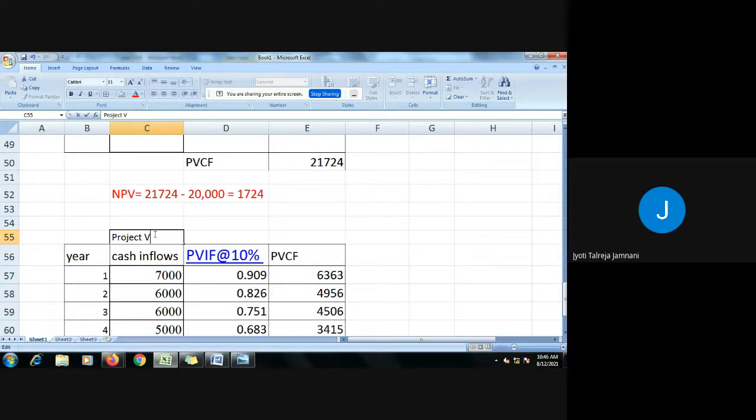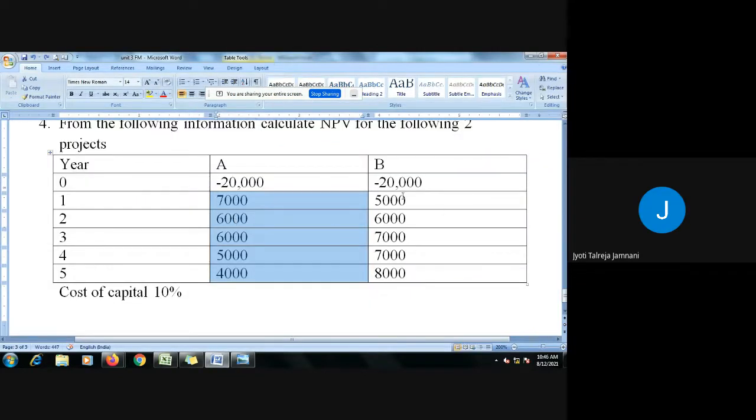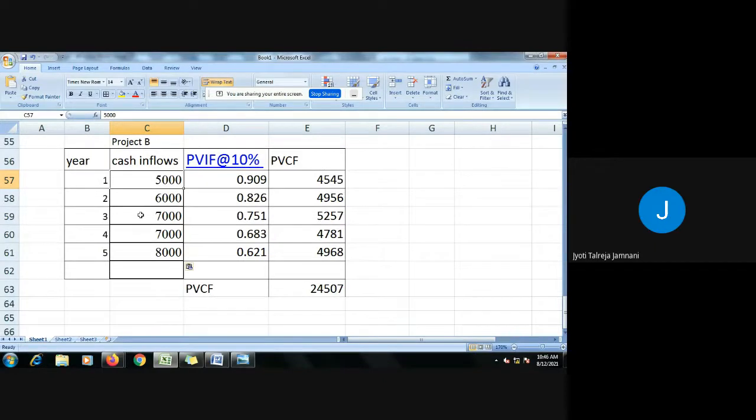Similarly, for all the years, if you multiply with the present value interest factor, you get the NPV. Multiply the cash inflows with the present value interest factor, and we get the present value of cash flows.